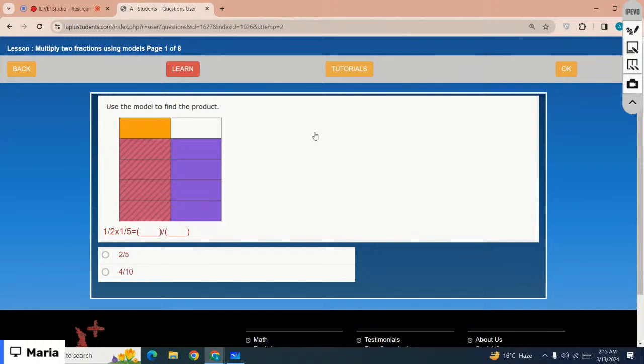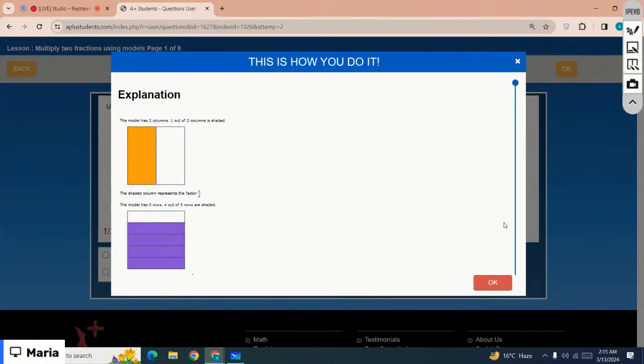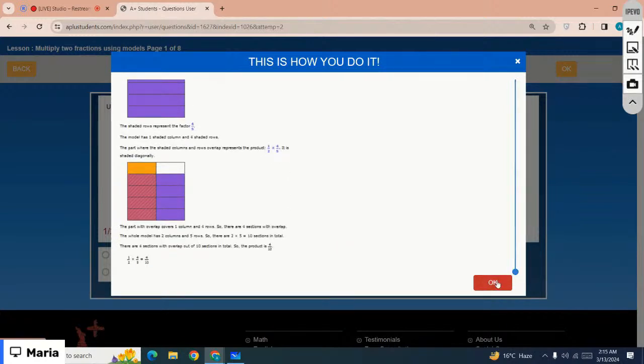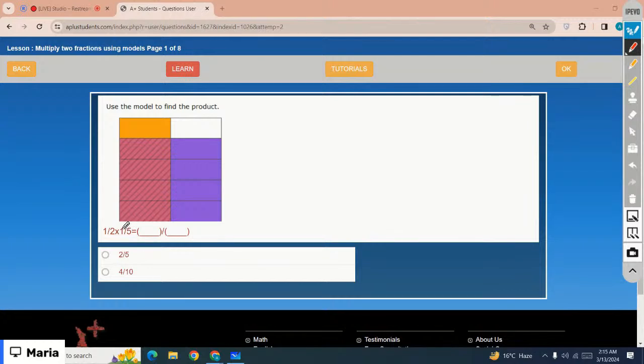One out of 10 must be the answer, but here you're not given the correct option, right? Let me see what's wrong with the question. It's 4 out of 5, not 1 by 5, right? Here you have a mistake, that is 4 out of 5.